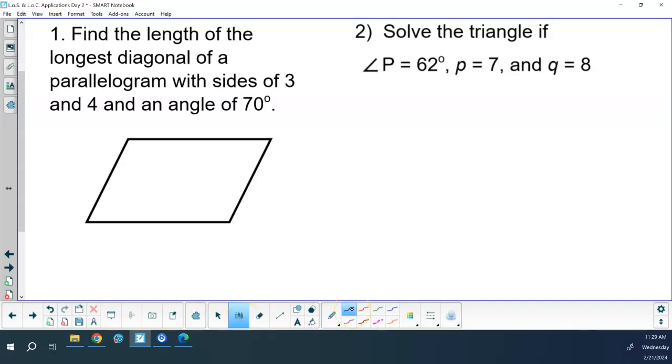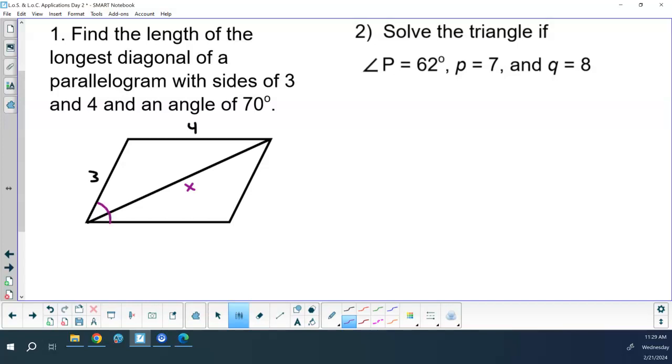So the parallelogram has lengths of 3 and 4. You define that. Let's call it x. So if it's got an angle of 70, that's going to be on the short one.